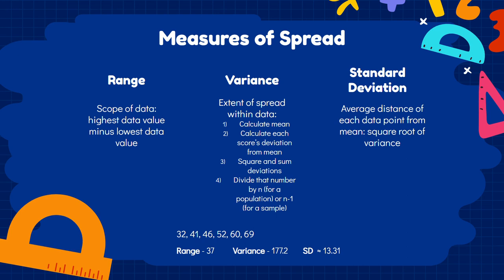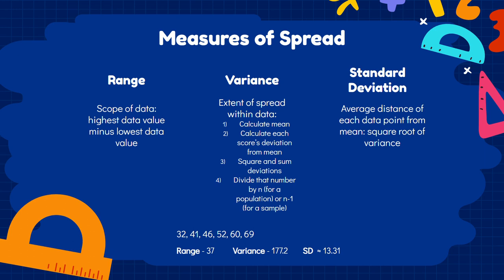It was more spread out, so it's going to be wider and shorter. So class A's curve would be higher and thinner, and class B's would be more stumpy, right? Shorter and wide. So that's essentially spread and recognizing it, right?